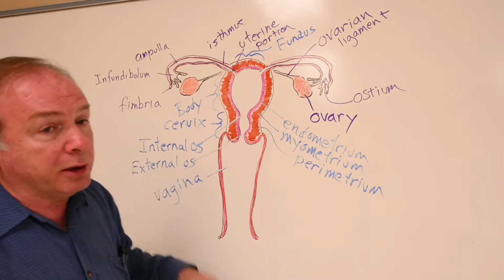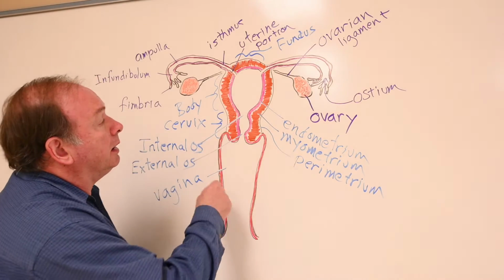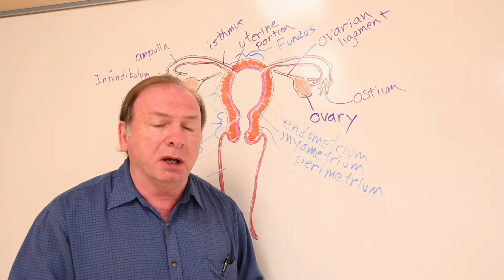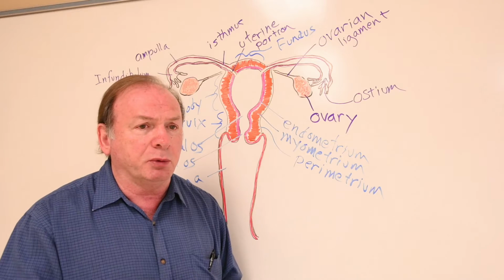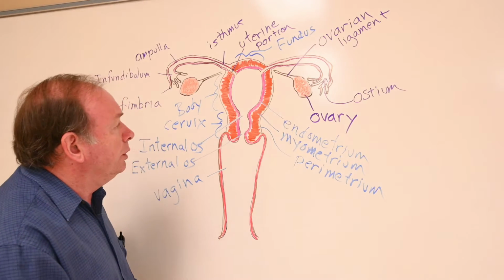The uterine lining also undergoes changes during that time. The uterine lining thickens during the first parts of the reproductive cycle, so it's what we call the proliferative phase of the uterus.